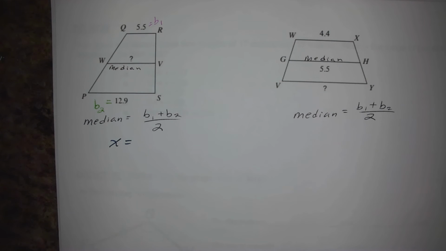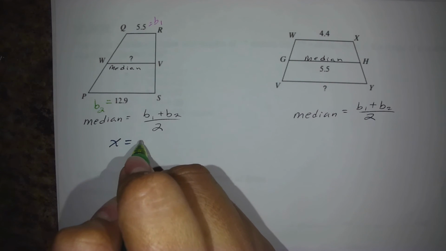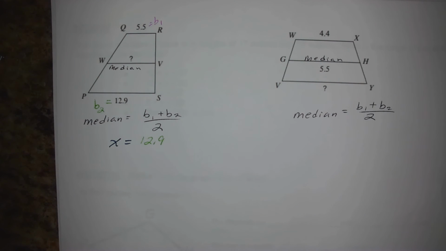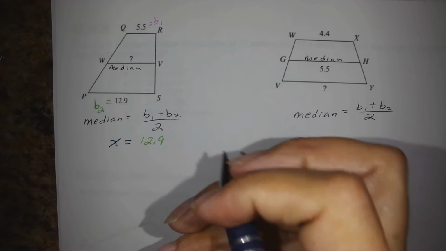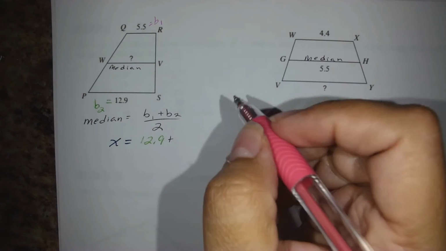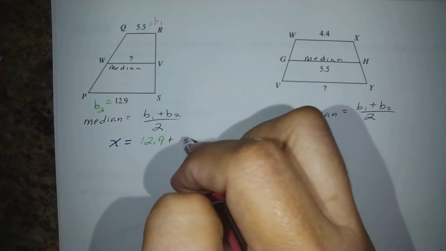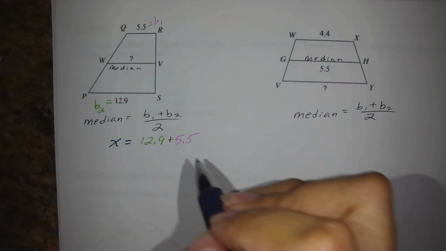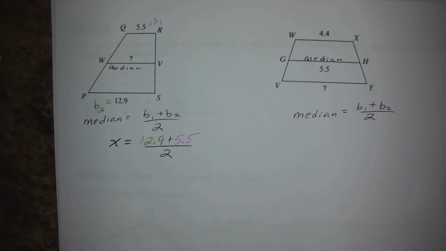We know our base 1 is 12.9. But Miss Carpio, it has a decimal. I really don't care. It doesn't matter if it has a decimal or not. It's the same rule. Remember, let the math take you there. So then our base 2 is 5.5, and that's going to be divided by 2. So go ahead, figure it out.